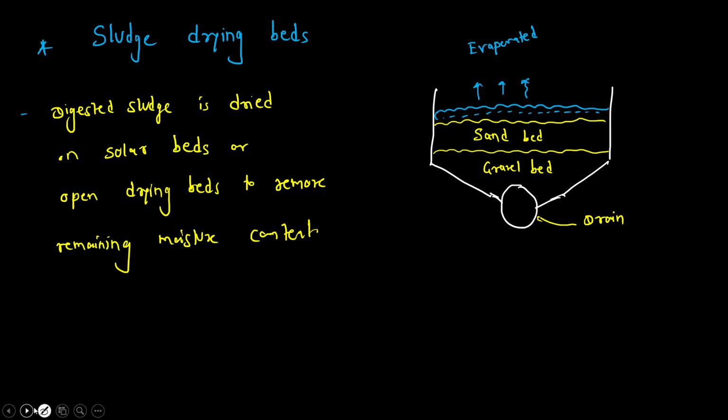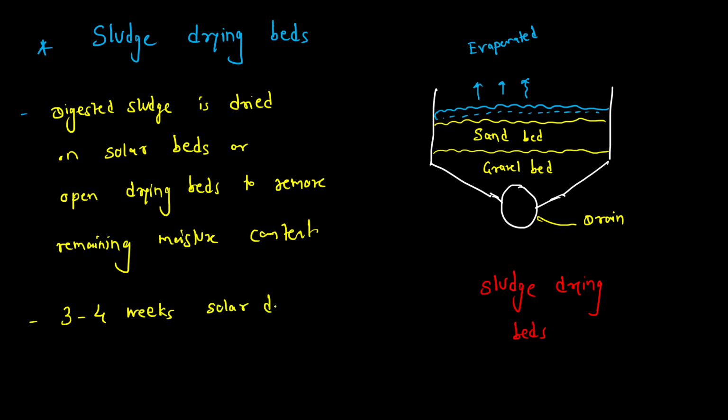So whatever the remaining moisture content is there, that is removed in these sludge drying beds. How much time is it kept? It is kept for 3 to 4 weeks, solar dried. Solar dried means open to the sky. This moisture content gets evaporated, and this is our sludge. So this is how the entire sludge is taken and disposed.